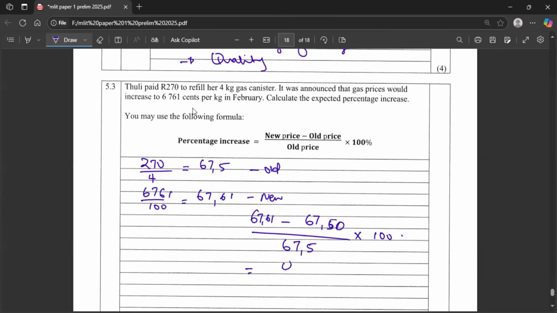So this gives me 0.16%. So that will be the increment for the gas.